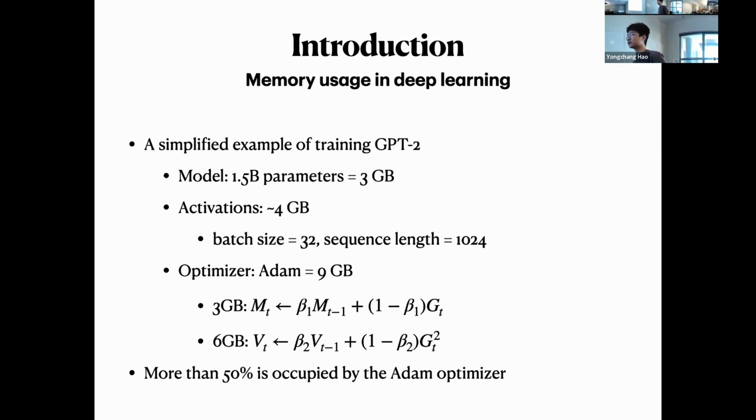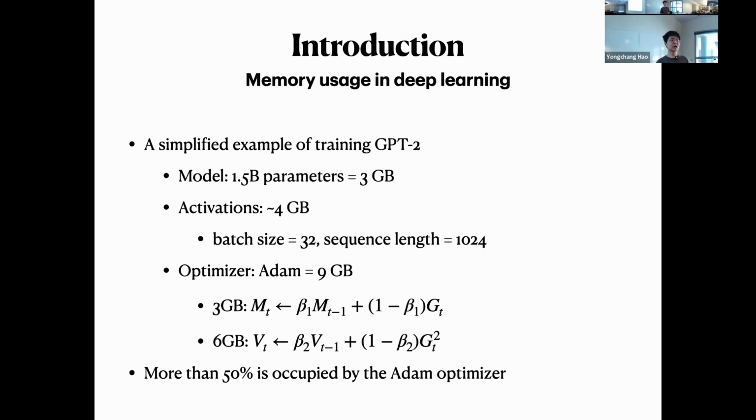And to execute autograd, you also need to save activations. By activations, it simply means the input of each layer. And for this part, if you use batch size equals 32 and sequence length roughly 1,000, then the activations may take up to 4 GB.